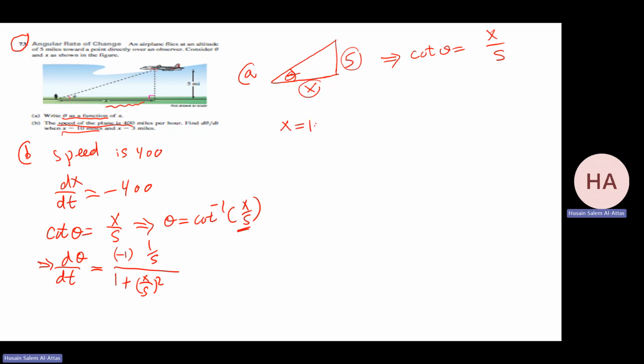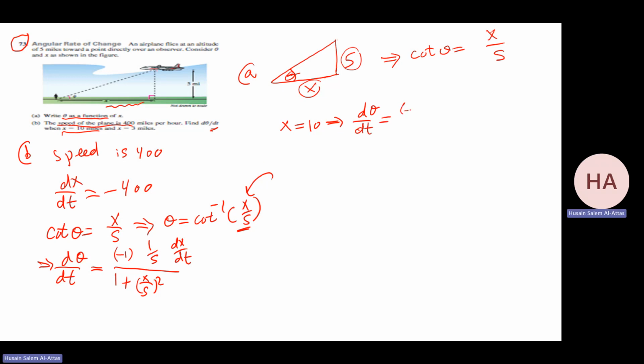Oh, don't forget times dx over dt, since I'm doing the derivative in terms of t. I want the rate with respect to t. So I need dx by dt. X equal 10, d theta by dt will be equal to what?